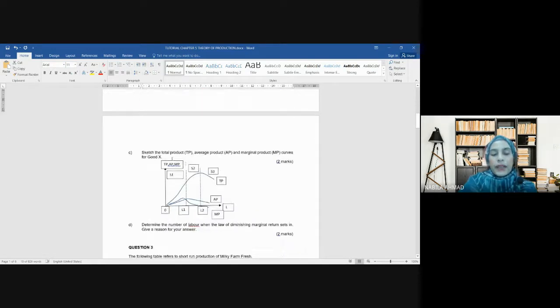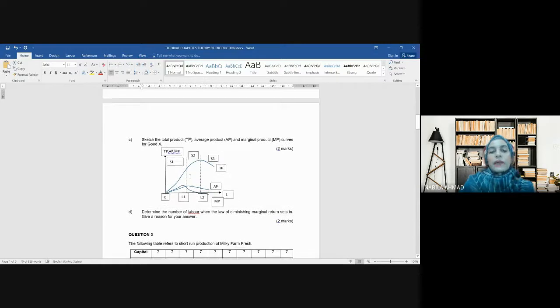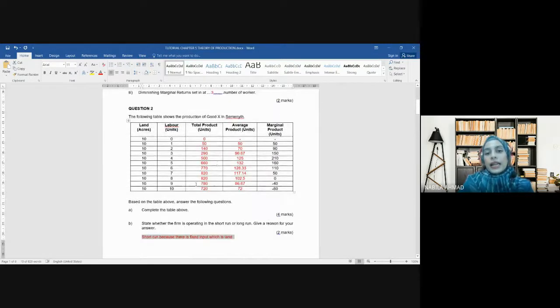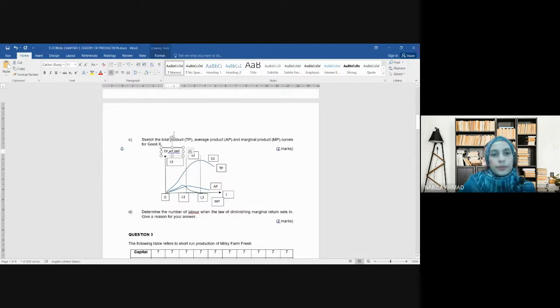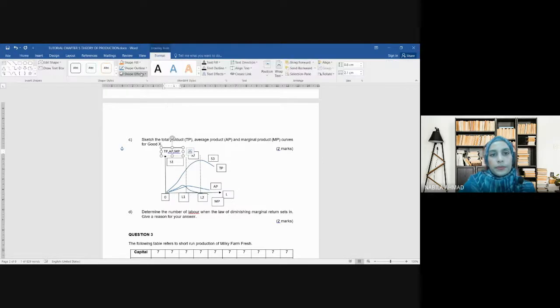Okay, right. And then sketch the total product, average product and marginal product curve for good X. Jadi awak sketch, tak payah ikut skala ni. Sketch sahaja. So kita tahu total product like begini. And then kita ada marginal product and average product. So kita sketch sahaja, tak perlu ada skala.